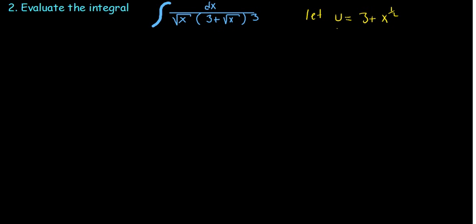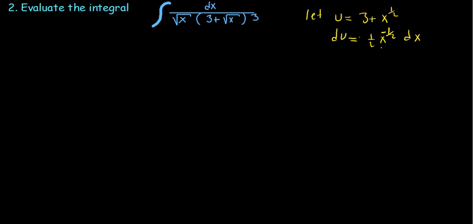So if I differentiate this, du is going to give me, if I differentiate 3, that will just be 0, and then we are going to have 1 over 2 x, now the power minus 1, that gives us negative half. Now this was supposed to be du over dx. Instead of writing it that way, I'll put dx this side.